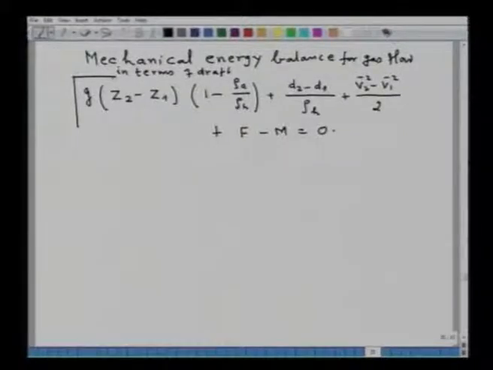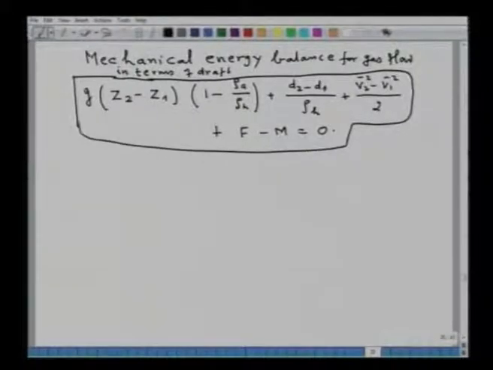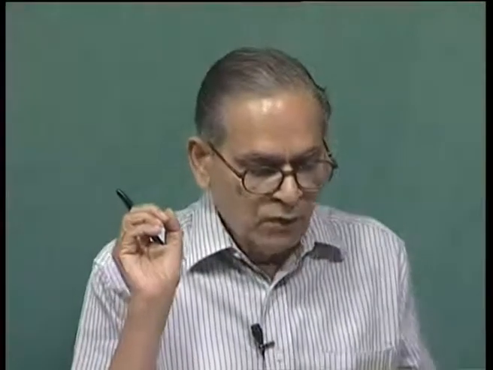D2 and D1 are the drafts. So, this is the equation which we will be using to calculate some of the parameters of the column of gas and so on. F is the frictional forces, and M is for a pump if there is one. This equation is applicable to furnace openings, ports, and design of dampers, because dampers are also flow control devices in the flue to regulate the flow.